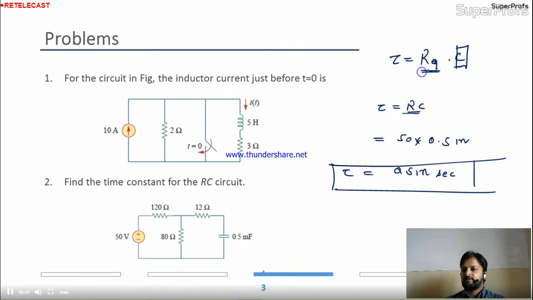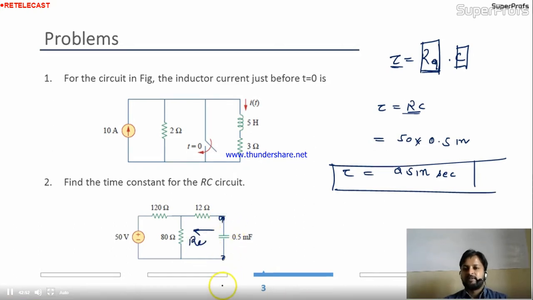And remember one thing, the R equivalent is always calculated across the capacitor, for which we have to calculate tau. Means how much resistance is seen by this capacitor, that one we are multiplying with C and getting the time constant. I hope this is clear to you. Okay, come to the next one now.